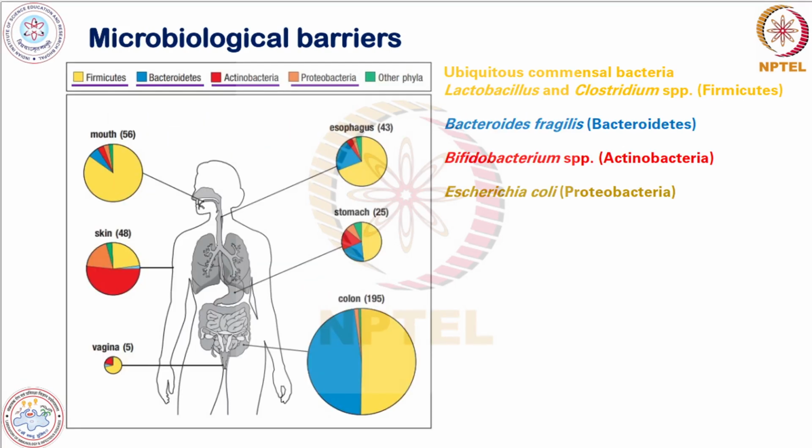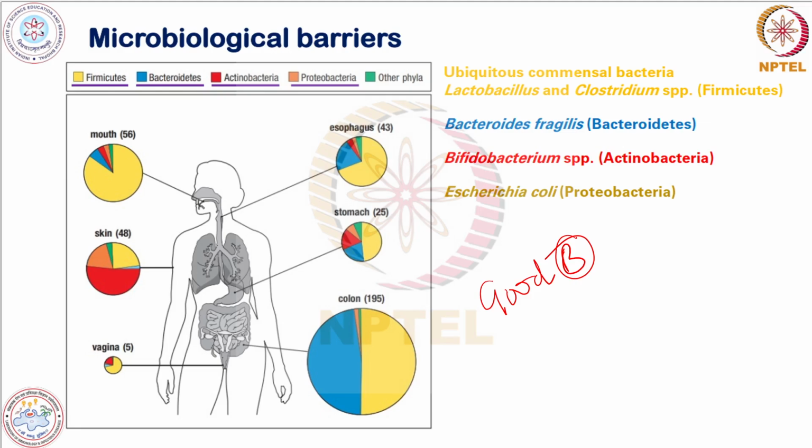The last one is the microbiological barrier, which we have seen as the gut microbiota and the skin microbiota. These are the good bacteria of our body. These are our good friends which help to protect us from the bad pathogens. There are so many good bacteria in our body.